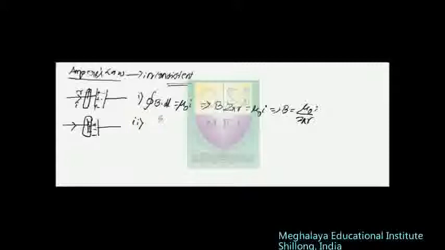I have the integral of B dot dl equal to mu naught I. Suppose I don't know the radius since it's on the surface, so let this side remain as B dot dl. Now what will be the current? The current within the capacitor is 0, right? The current flows outside the capacitor.